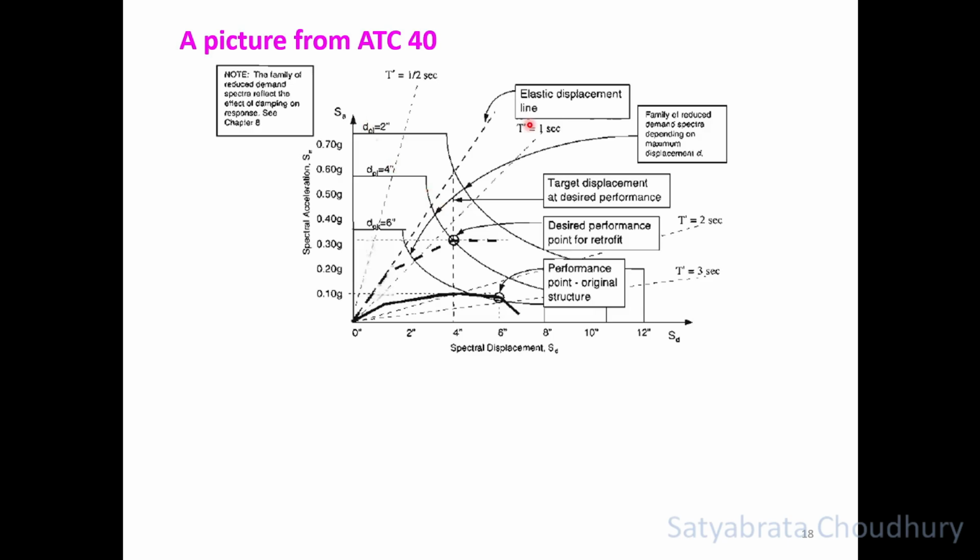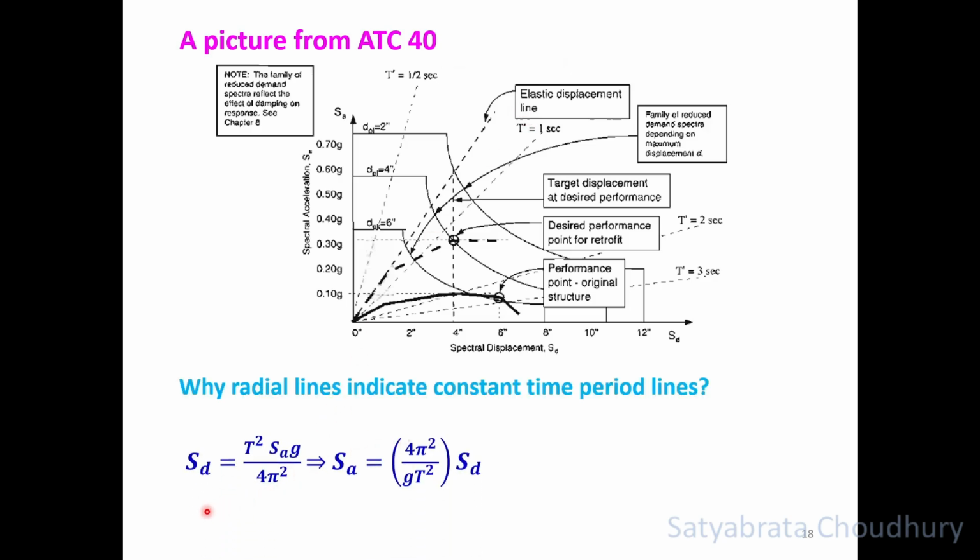The question is why the radial lines from the origin should give constant time period lines. So this is explained here. We have the expression for SD given as T square SA g by 4 pi square. In the earlier expression we had used i for the ith point; i is removed here to give a generalized expression. So this can be expressed in terms of SA, taking SA on the left hand side: SA equal to 4 pi square by g T square into SD.